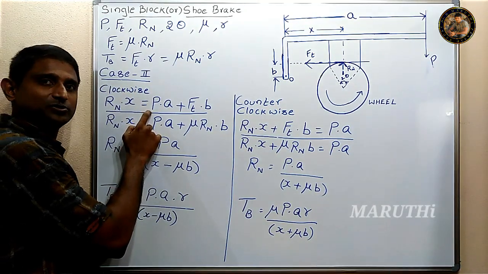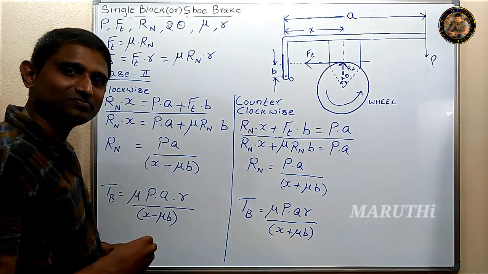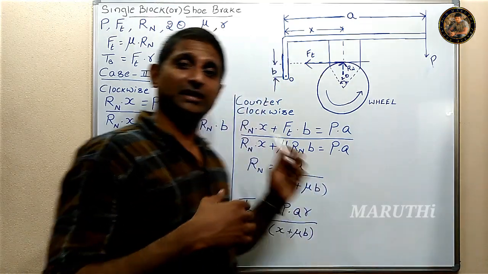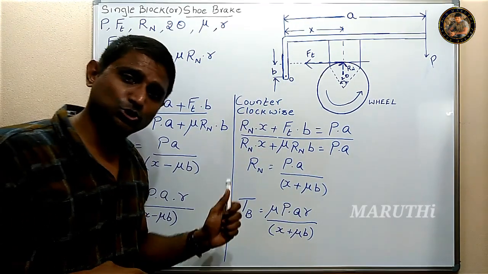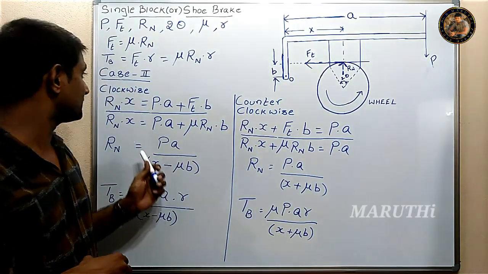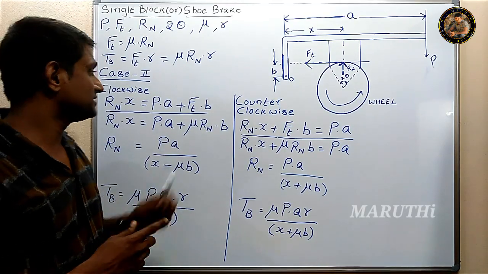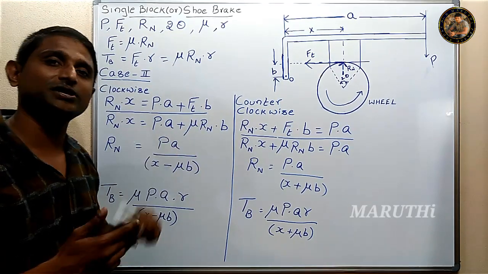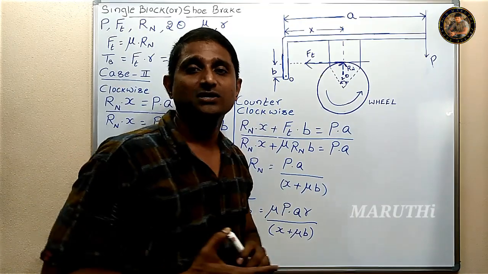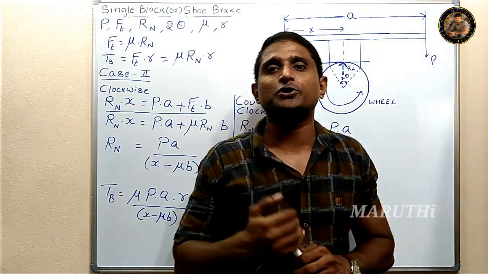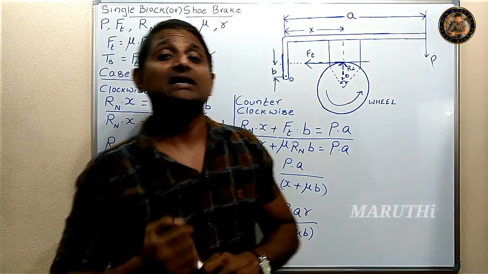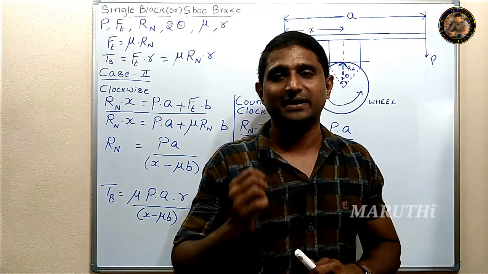So here it is more effective than this one. So in case 2, when the brake drum rotates in clockwise direction, this moment is adding to the moment because of P. That's why it is more effective braking, and this is called self-energizing braking.